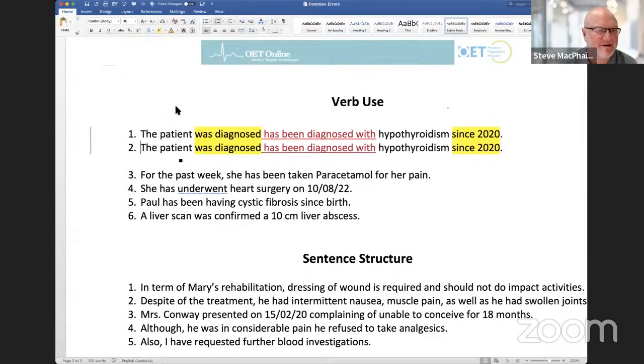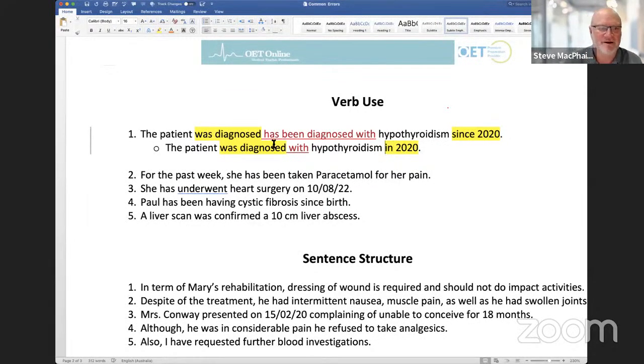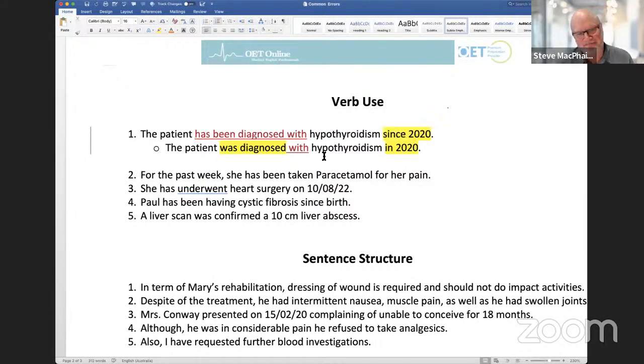The patient was diagnosed with, and then we'll change this to in for the year, right? So these are the corrected versions, everyone.